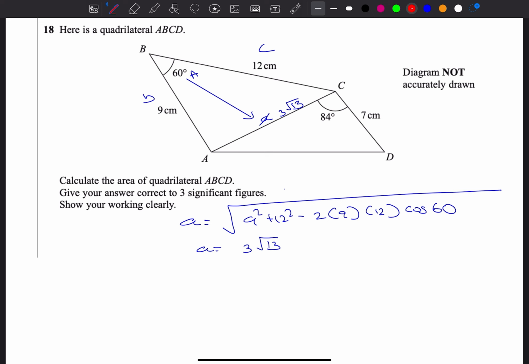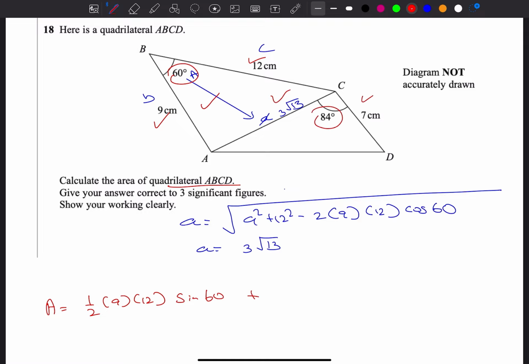Now, you want the full area. So I would like to do this area. That's the angle, and these are the sides. So what is it? Area is half ab sin C, so half times 9 times 12 times sin 60, plus the area of this one.